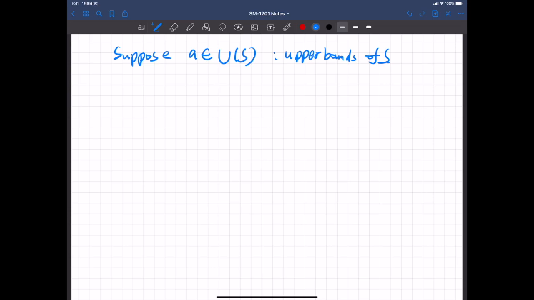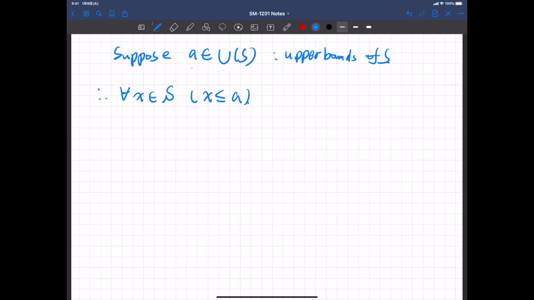That means for all x that is an element of S, we have x is less than or equal to a. So suppose a is an upper bound of S, then we have this.